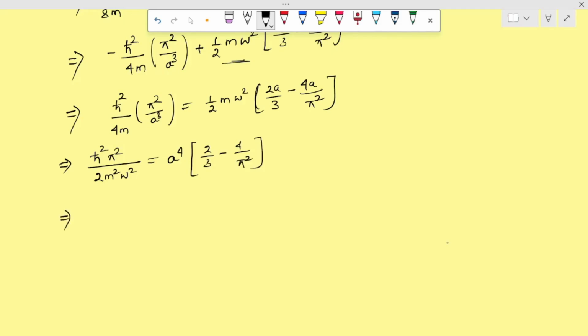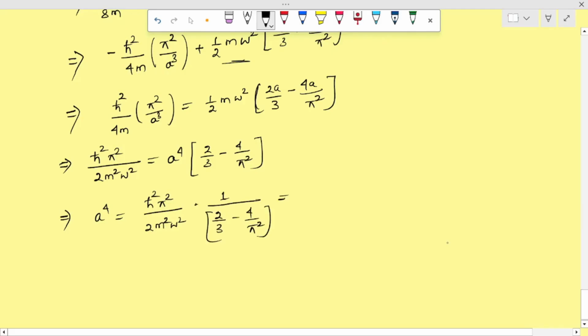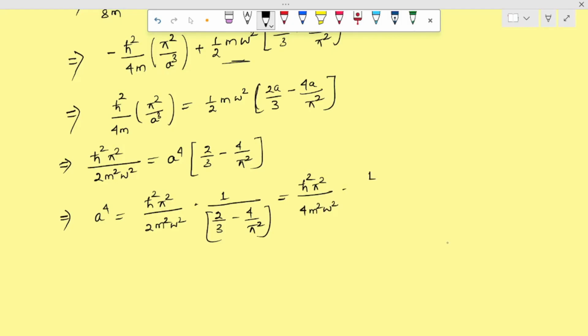That implies a⁴ will be equal to ħ² π² by 2m²ω² into 1 by (2 by 3 minus 4 by π²). Okay, so it can be written as, here you can see 2 can be taken common from these two terms, so it will be ħ² π² by 4m²ω² into 1 by (1 by 3 minus 2 by π²).